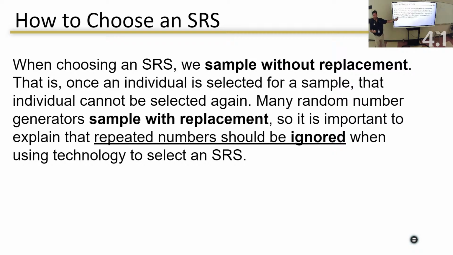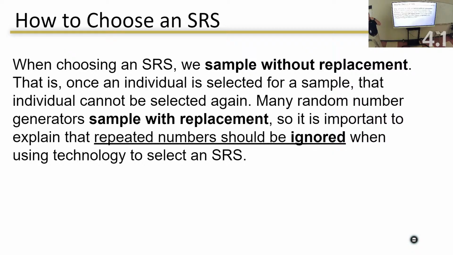Many random number generators sample with replacement. Your calculator samples with replacement, except one option now, they have random no repeat. And so you can say, I'm going to use my random no repeat numbers. Or you got a computer, randomly select with no repeated numbers.